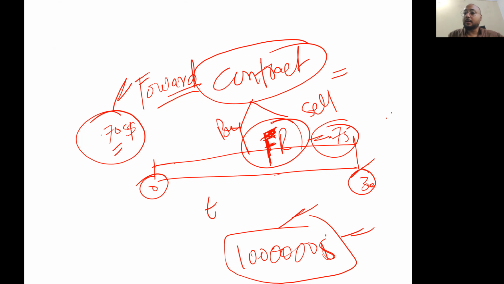If the rate at that time is 0.85 or 0.65, whatsoever, you will follow your contract at the forward rate of 0.75. Whether the rate has increased or decreased, you will just buy from the seller at 0.75. So this is the specification of a forward contract.